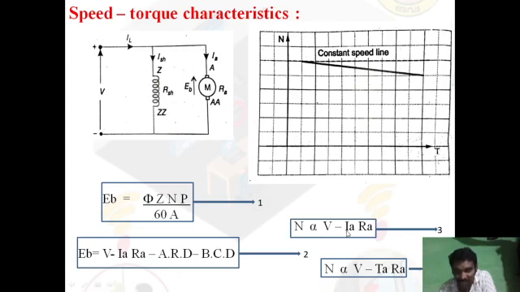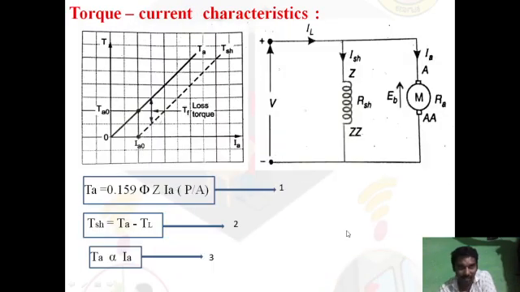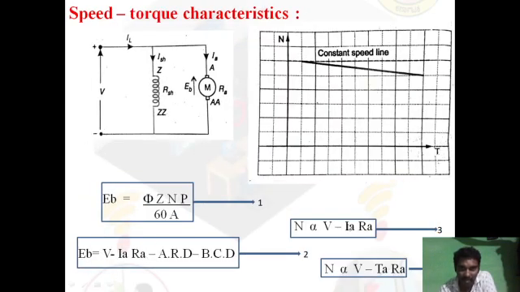From the first characteristic, we know that torque is directly proportional to Ia. Therefore, Ia is replaced by Ta, just for mathematical analysis, and equation 4 can be written as: speed is directly proportional to V minus TaRa. If you observe, both this and the previous equations are the same.